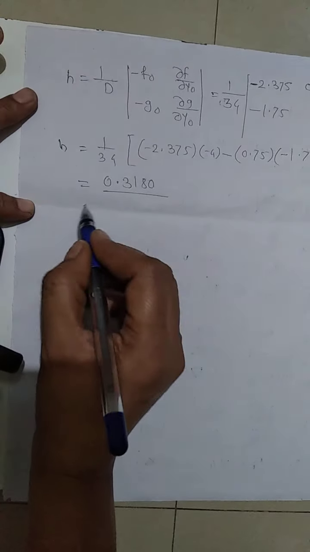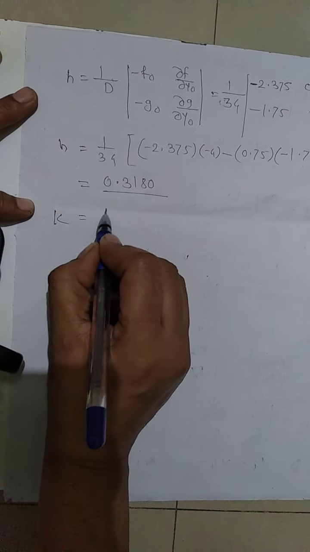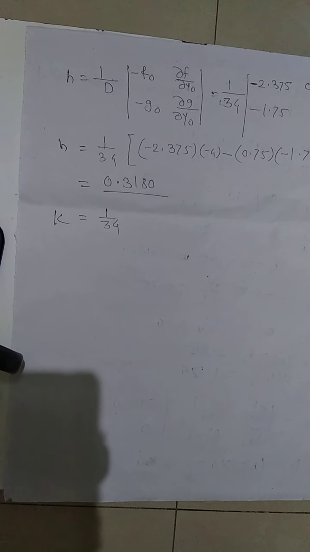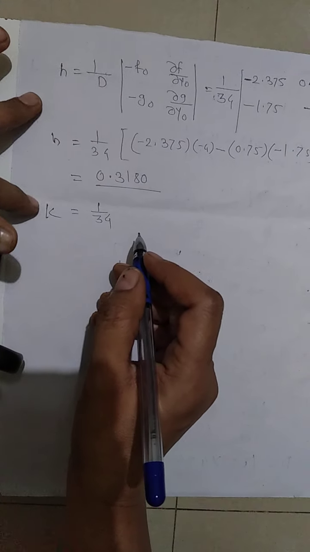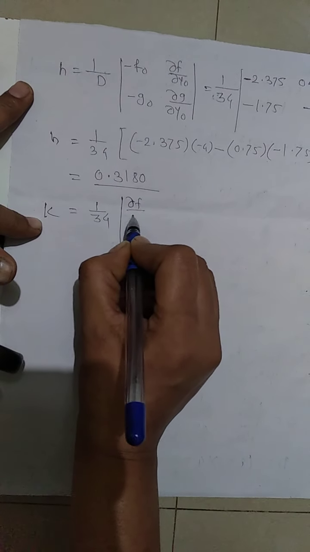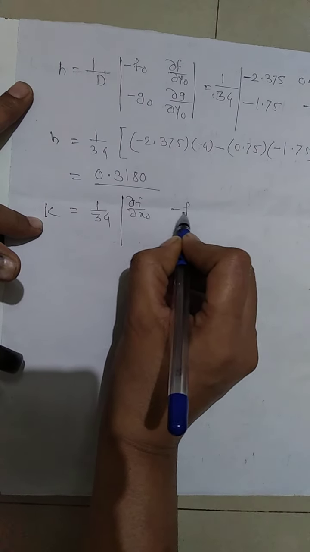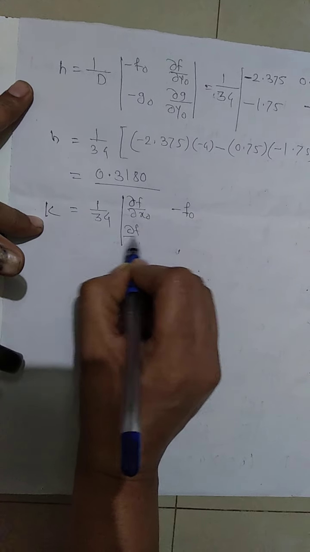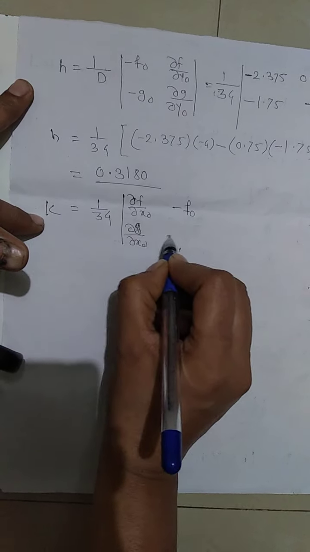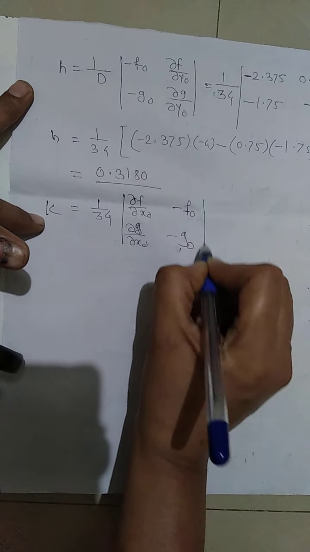Then find k. K is equal to 1 upon 34 into, first write the formula, del f upon del x0 minus f0 del f upon del g upon del x0 minus g0.